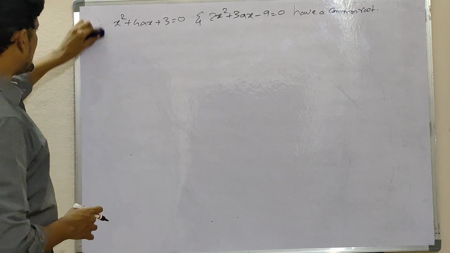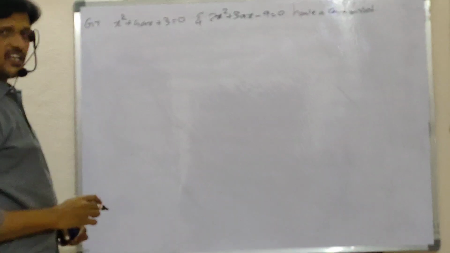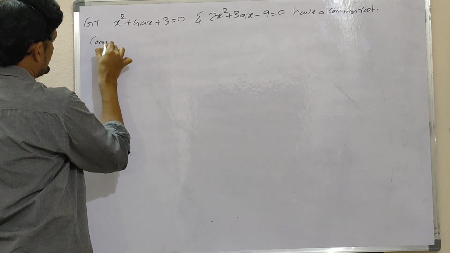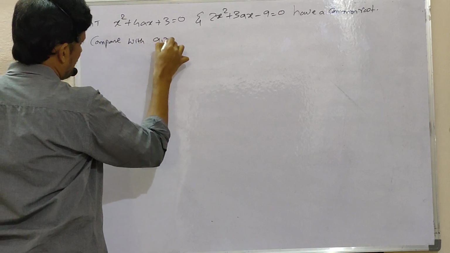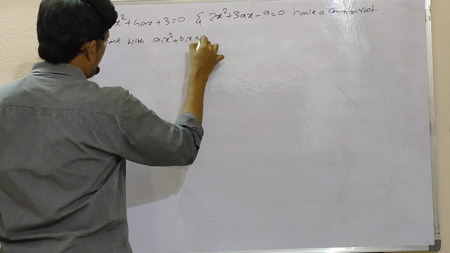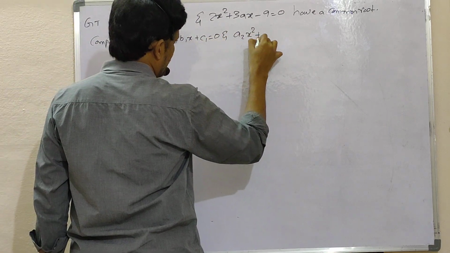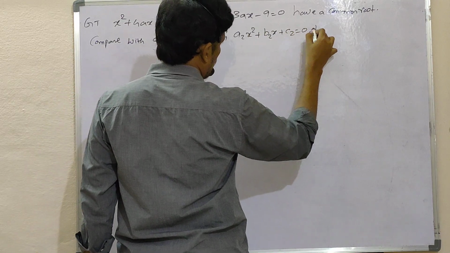So here it is given that these two quadratic equations have a common root. So compare with a1x square plus b1x plus c1 equal to 0 and a2x square plus b2x plus c2 equal to 0.